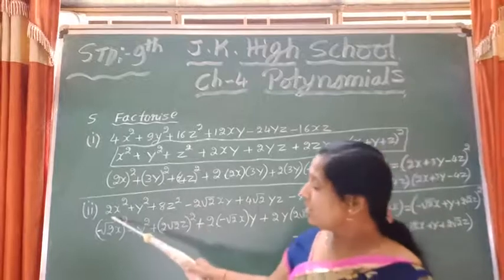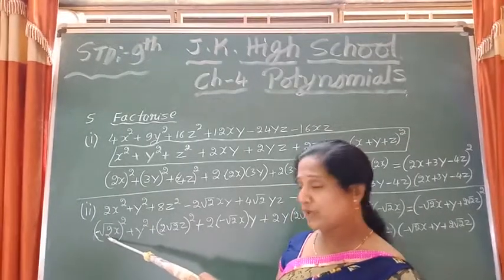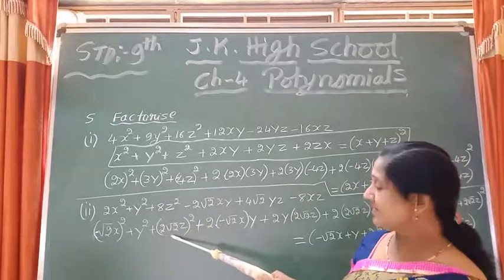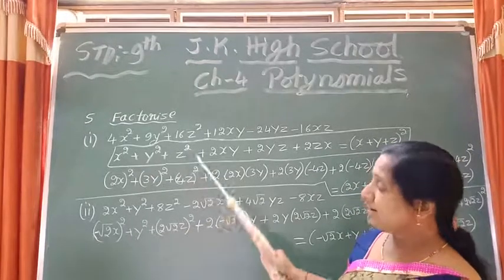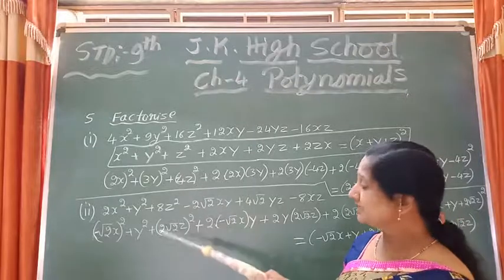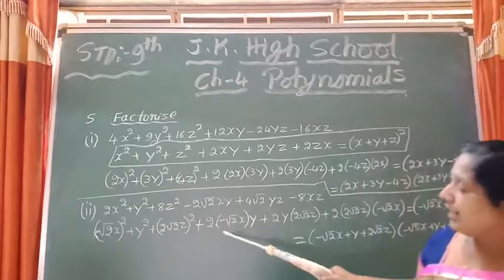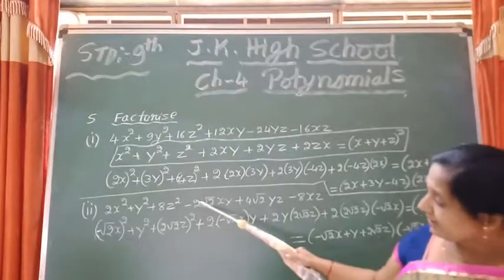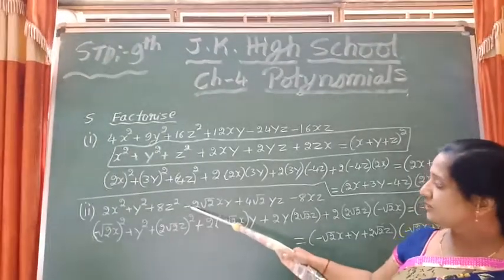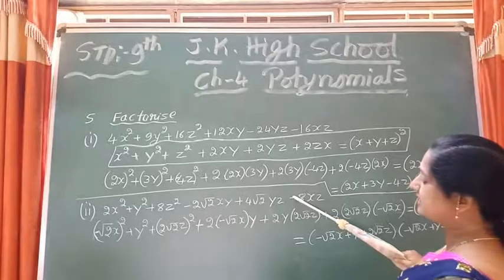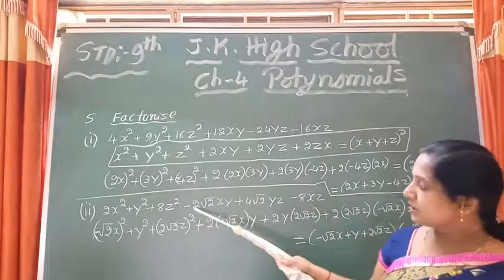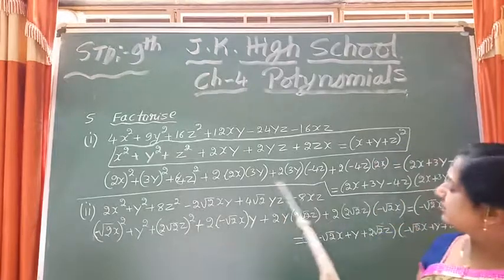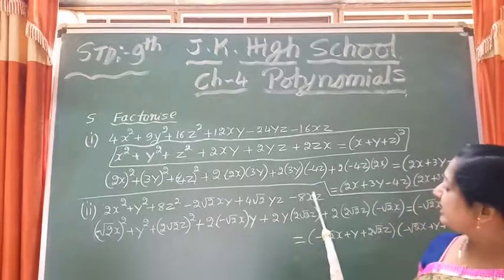So I can write 2x square as root 2x whole square, y square as it is, and 8z square as 2 root 2z whole square. You have to convert the given question in this manner. And 2xy, 2yz, 2zx. You observe here in the question, minus sign is there for the first term, and for the third term also a minus sign is there. Here minus sign, here minus sign means in these two terms, x is the common variable.